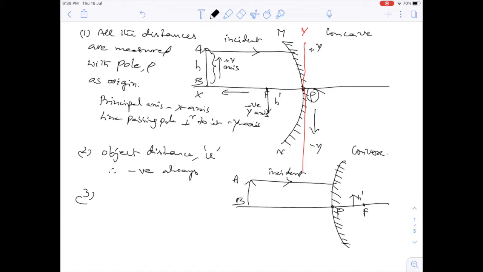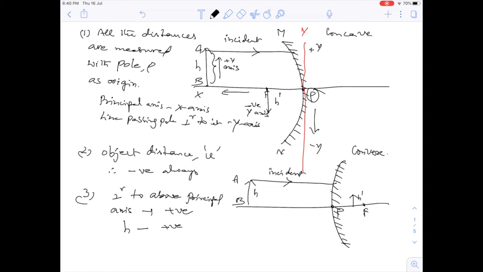So, the third rule is that all the distances measured perpendicular to the principal axis, above the principal axis, are taken as positive. So, here the height of the object h is positive, either in this case or in this case, concave or convex.